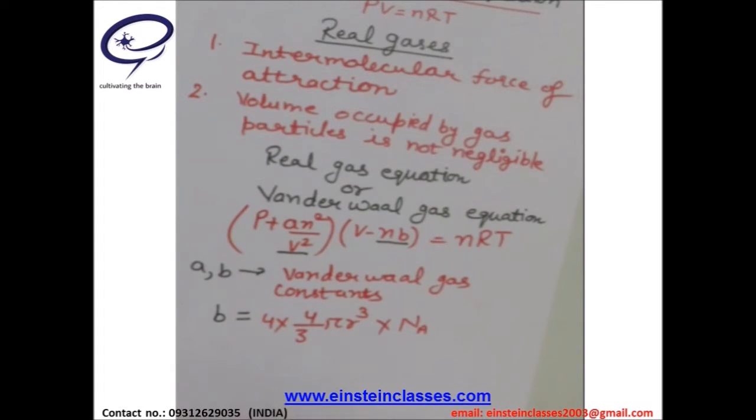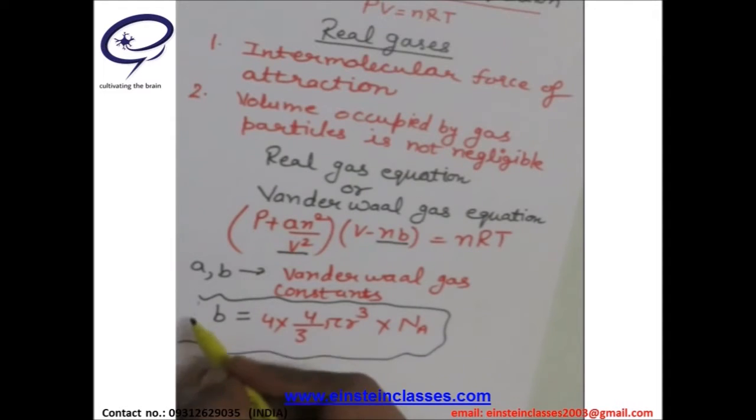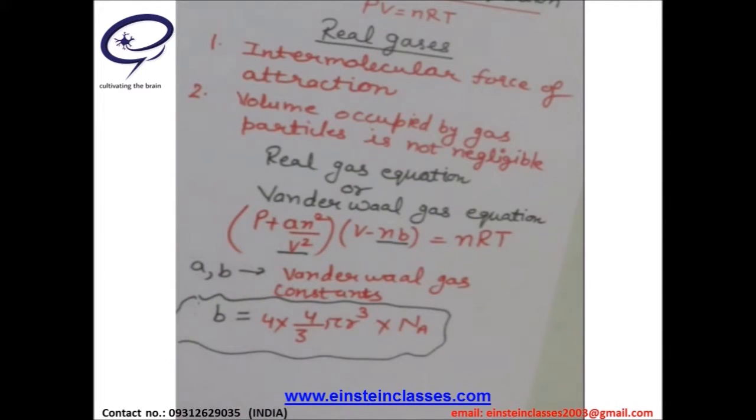So van der Waals gas constant b is equal to 4 × (4/3 πr³) × Nₐ, where r is the size of the gas particle and Nₐ is Avogadro's number, whose value is 6.023 × 10²³. So this is another relation between the van der Waals gas constant b and the size of the particle r.